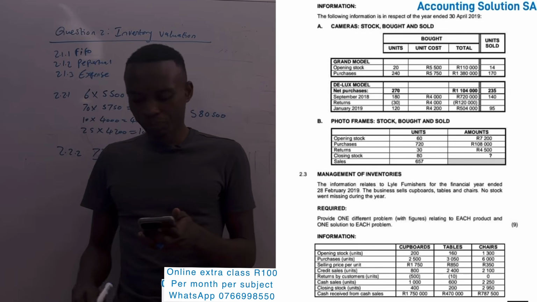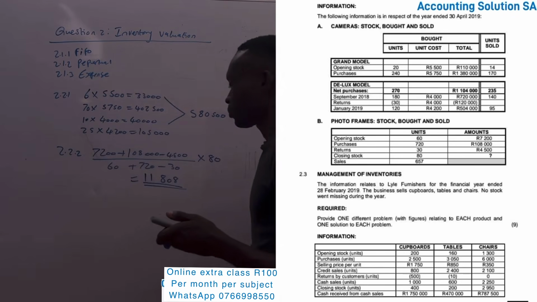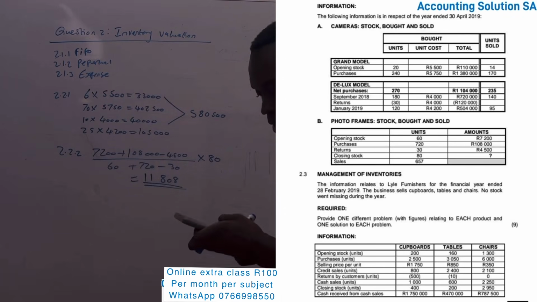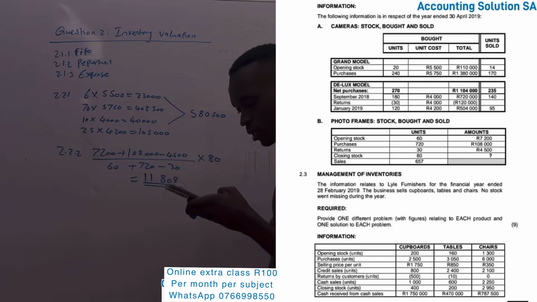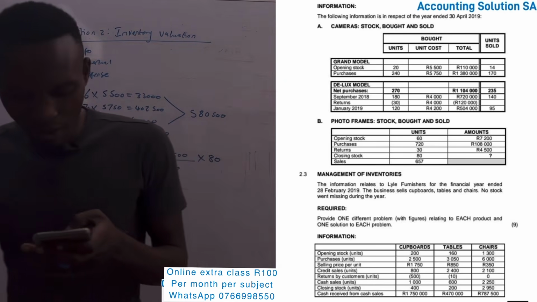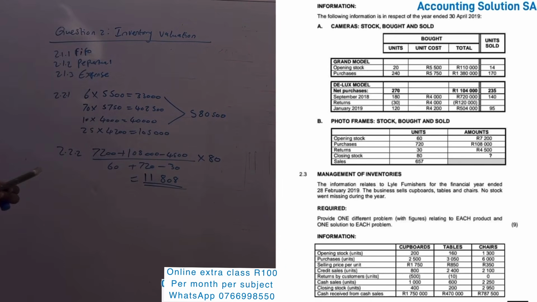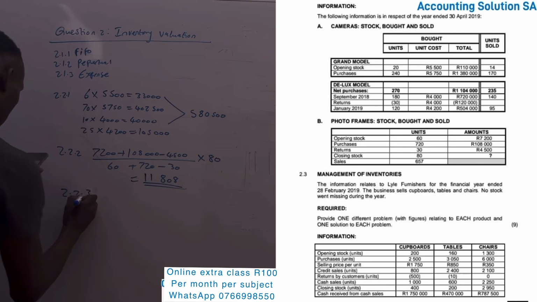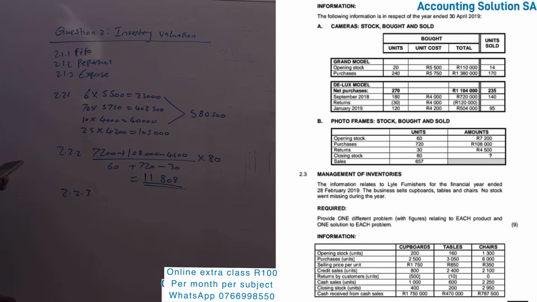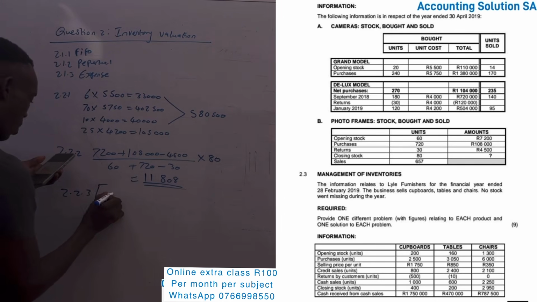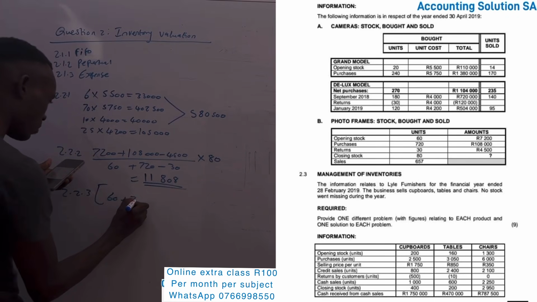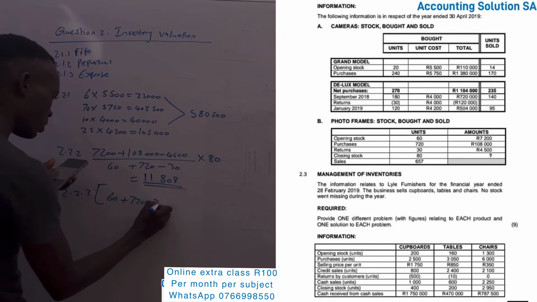Okay, the next one, we need to calculate what we call it. The owner suspects that photo frames are being stolen. Provide the calculation to confirm this. 2.2.3, we have to confirm. So if you check at the beginning, we are going to use this formula: opening of 60 plus 720 minus 30.